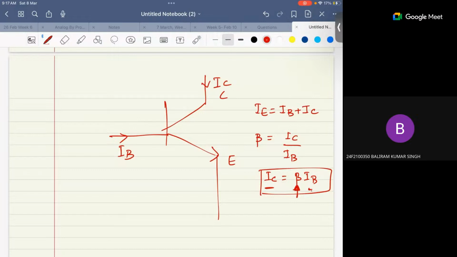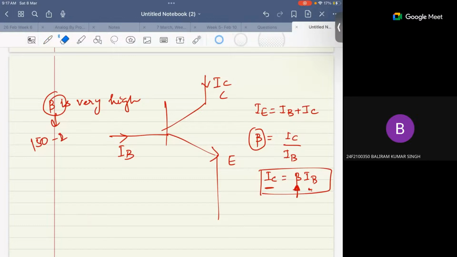In most of the problems you will be dealing with, it will just be given that beta is very high or maybe infinite. Normally when you calculate, it will come out in the form of 150, 200, 500 and so on. So beta will be very high.